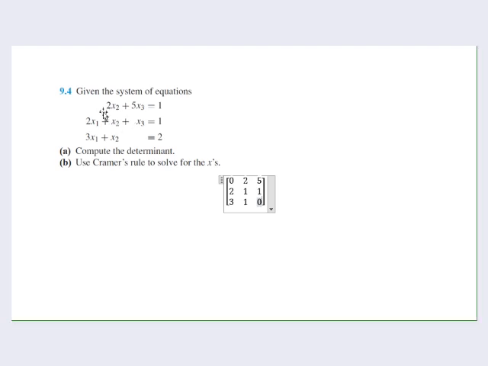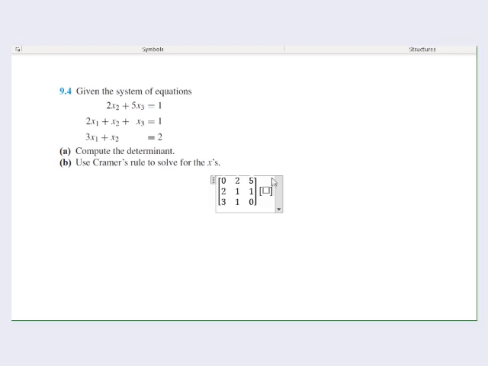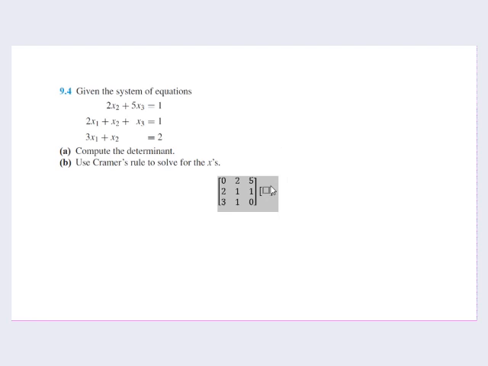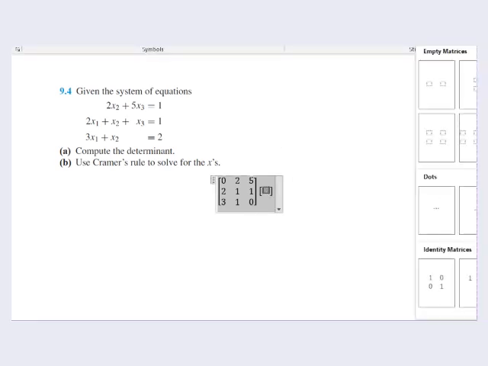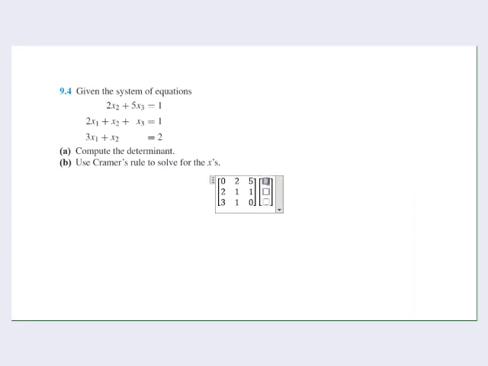I'm putting the coefficients of x1, x2 and x3 here, multiplied by the vector of the unknowns, which is x1, x2 and x3, is equal to the right hand side, which is 1, 1 and 2.